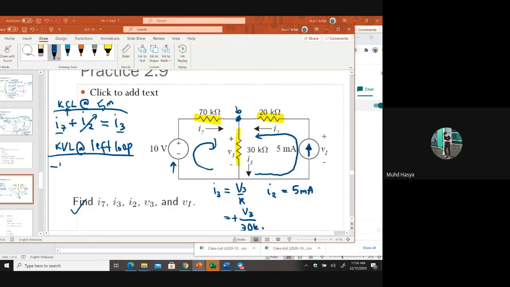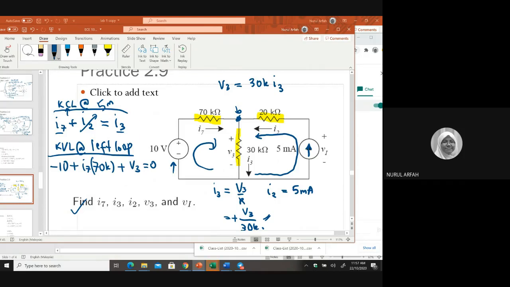Negative 10, plus I7 multiplied by 70K. And then plus V3. Equal to 0. Okay. But what is V3? V3 is this one, right? So you can just rearrange. You have 30K into I3. It's positive, right? Yes.